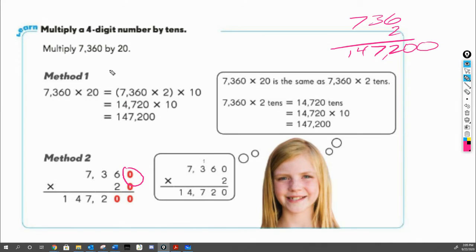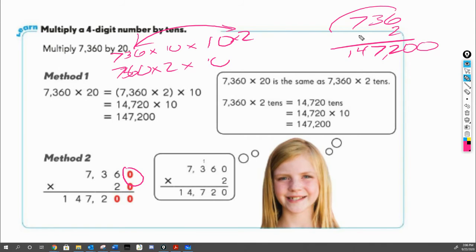Another way to look at it is 7,360 times 2 times 10. Break the 7,360 into 736 times 10 times 10 times 2. Do the 736 and the 2 first, and then multiply by the 100 at the end.